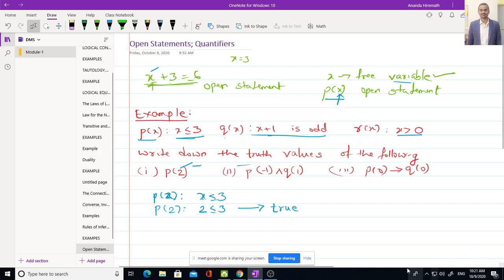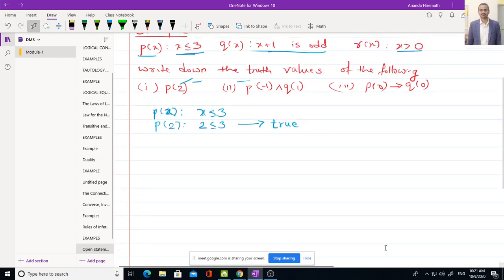Fine. Well, similarly, let us take the second example. Solution for the second one: p of minus 1 and q of 1. Now first let me write p of x and q of x. What is p of x? X less than or equal to 3. And what is q of x?